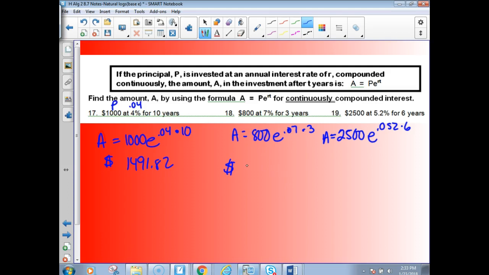If anybody had a problem with calculating these, just let me know. You should have $986.94 for the second one, and number 19, $3,415.39. Anybody need help or want me to type this on my calculator?